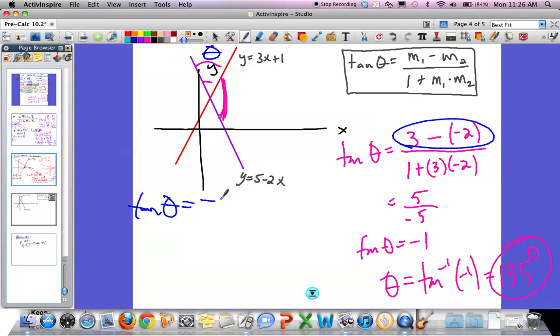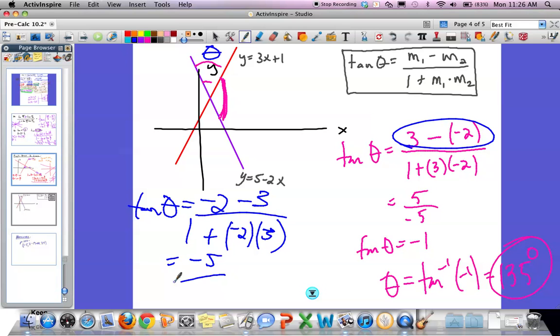If instead you would say negative 2 minus 3 all over 1 plus negative 2 times positive 3, we would get negative 5 on the top, negative 5 on the bottom, which is 1. Tangent of what angle is 1? 45 degrees. So you can decide, do you want the obtuse angle or the acute angle when two lines meet? They will always be supplementary.